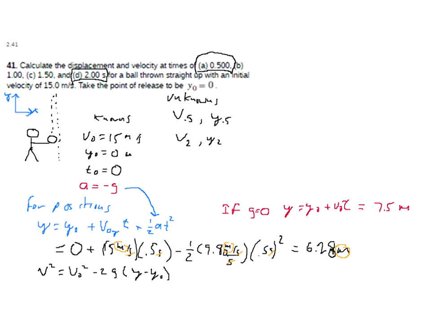And if we plug the numbers in here, so the same sort of thing, v0 squared, 15 meters per second squared minus 2 times g times what we just solved for, 6.28 meters.